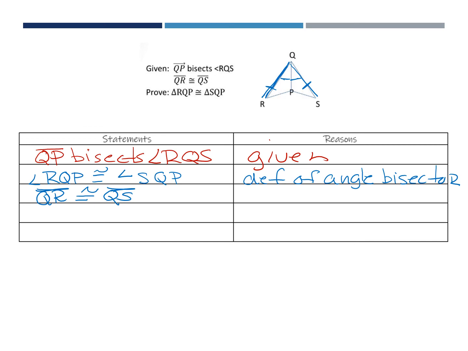And now we need the side. So we've got this angle. We've got this side there. It makes up that angle. So that means I need this to be congruent. It's congruent to itself. So we're going to go with QP.